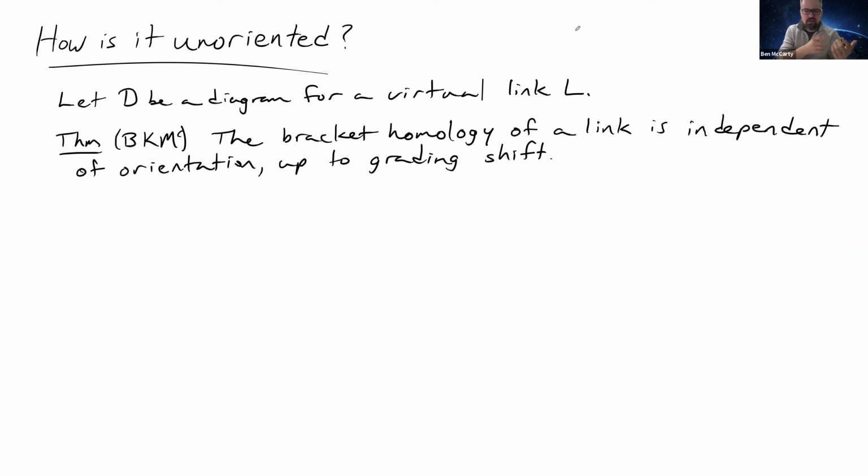You may change the number of positive and negative crossings. You may change where they are. All that's going to do is potentially do a grading shift, and once you shift everything according to a certain prescribed choice that we'll talk about in a minute, it's not going to change anything.